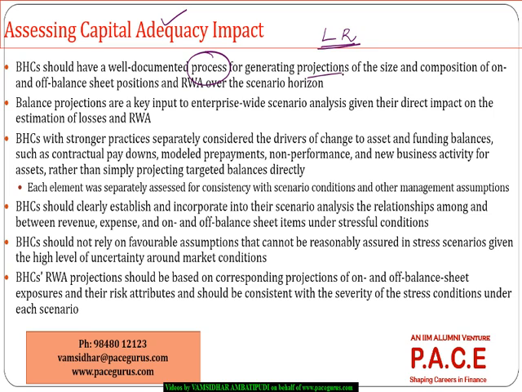So every projection that is being done, both for on-balance sheet positions as well as off-balance sheet positions, over the entire horizon. So there should be a clear-cut process for how the estimates are generated, how the projections are generated, both for on-balance sheet and off-balance sheet activities, as well as the risk-weighted assets, because risk-weighted assets play an important role in computing the capital requirement.